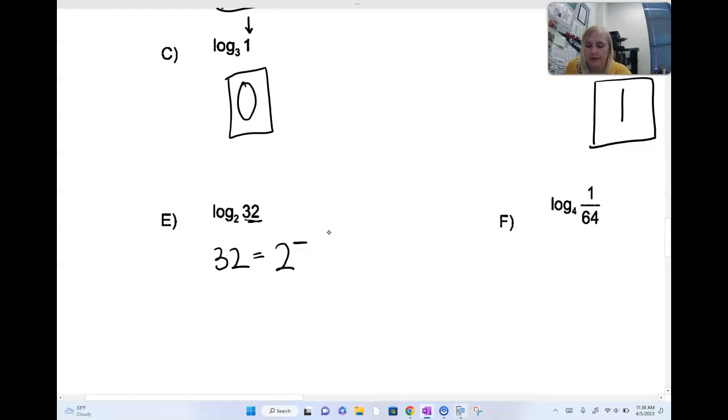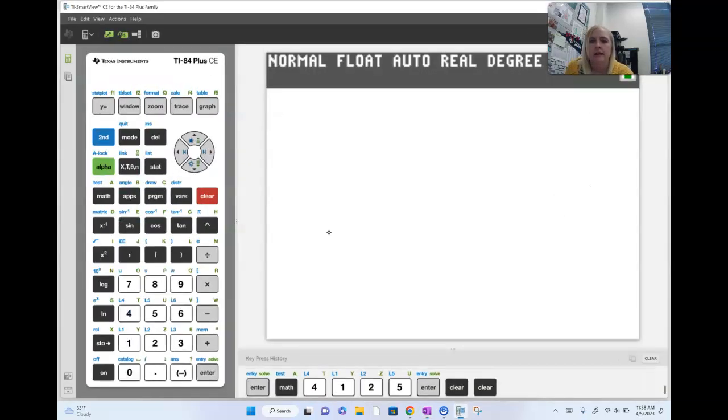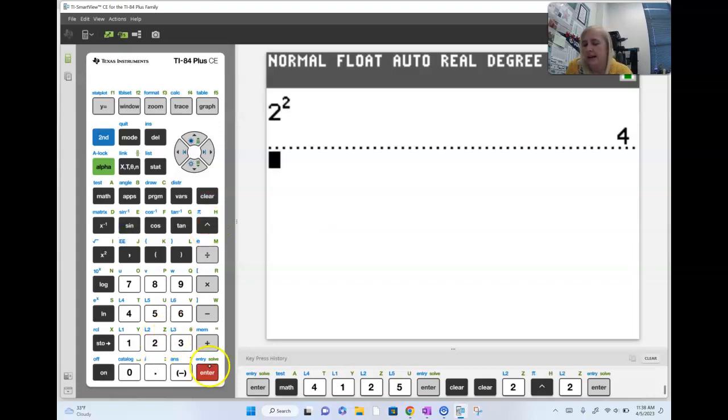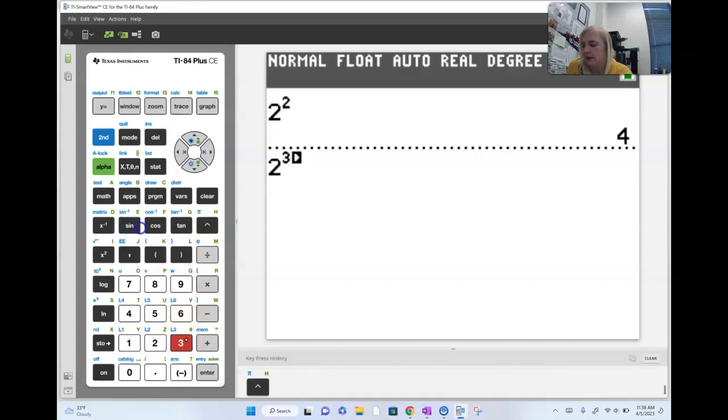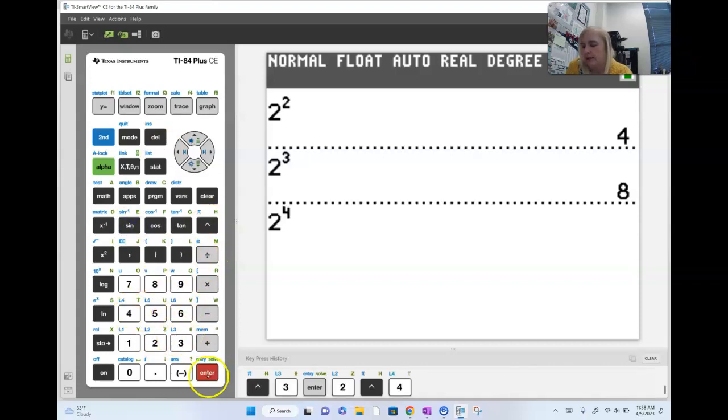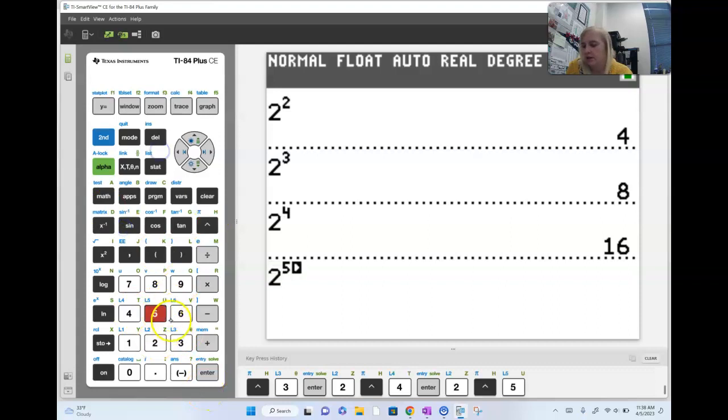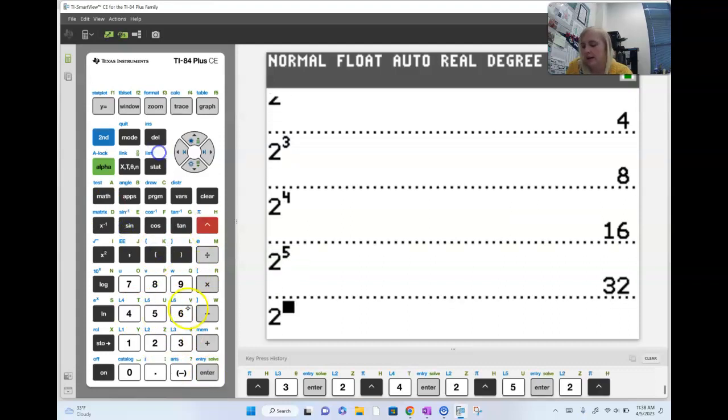In your calculators, you can check to see, can I get 32 by doing 2 to some power? So 2 squared, and if you know your 2's, you might already know the answer, but you can always check to make sure that you're doing those correctly.